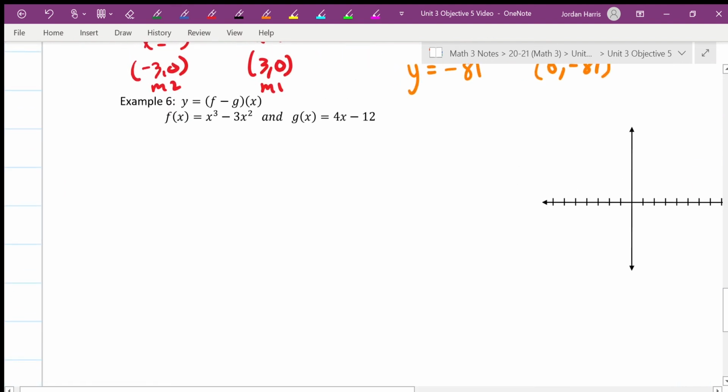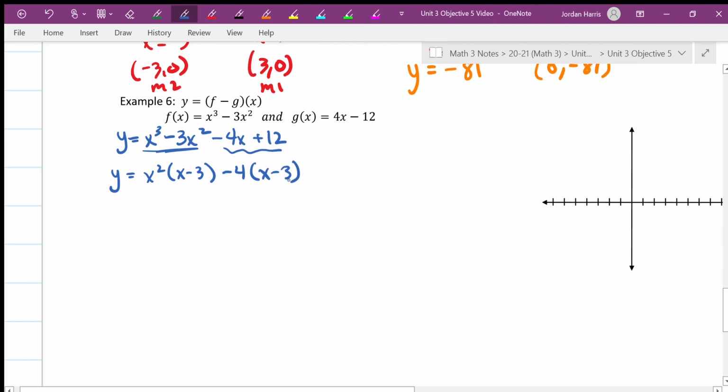Sometimes they make you make the formula f minus g. Remember, the thing you subtract changes all the signs. We're subtracting everything, so it's -4x plus 12. This one doesn't have a GCF, so I just group. See my common term.